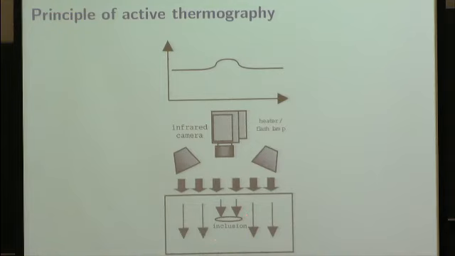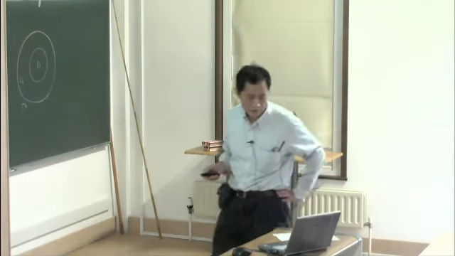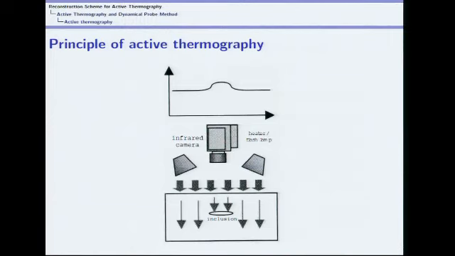Then because this inclusion is less conductive, the heat flux will be stacked above this inclusion. So you can imagine there will be a higher temperature above this inclusion compared with the other part. So you will have this kind of temperature profile. Looking at this profile, maybe you could see where the inclusion could be. So this is the principle of active thermography.